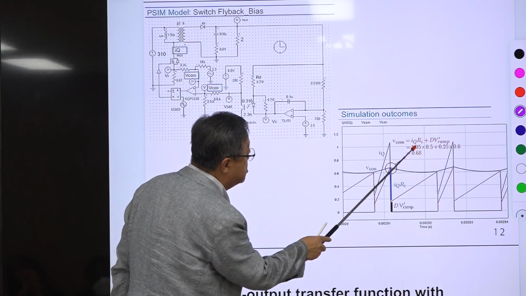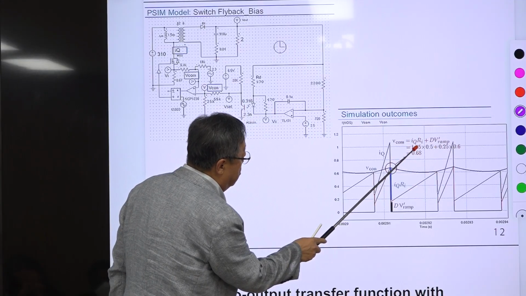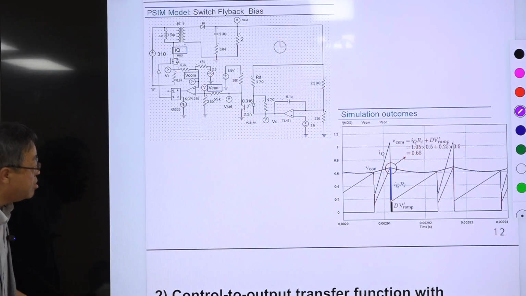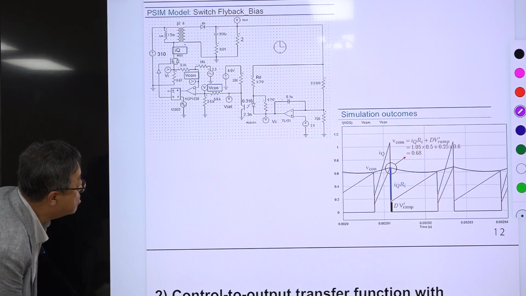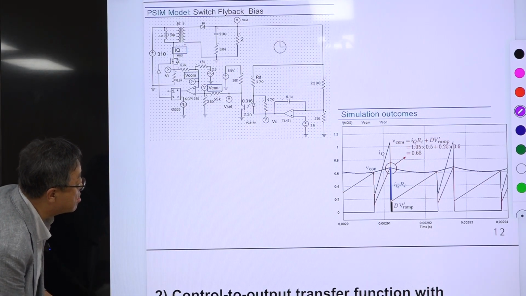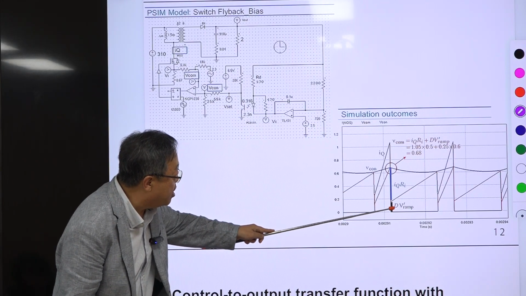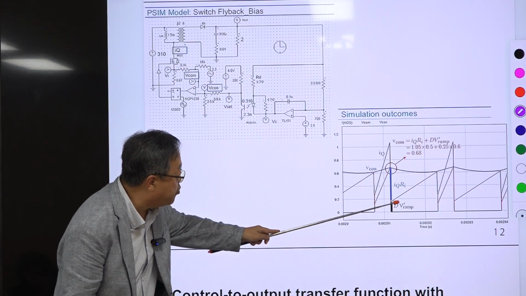You calculate this, then this voltage is 0.68, which is the same as our previous result. All right. This part is D times V ramp prime.